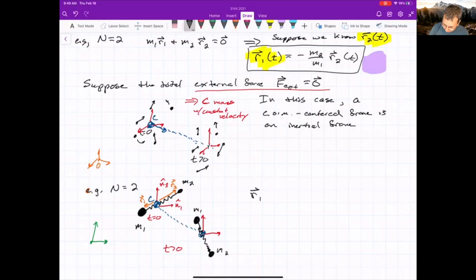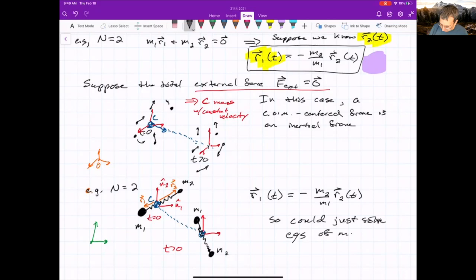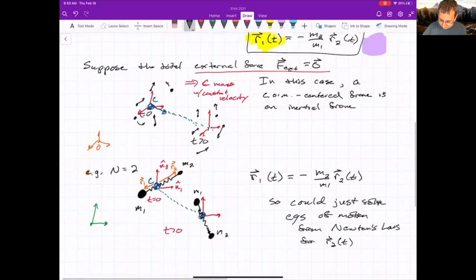We would have R1 is negative M2 over M1 R2. So we could just solve equations of motion from Newton's laws for R2. That is a function of time.